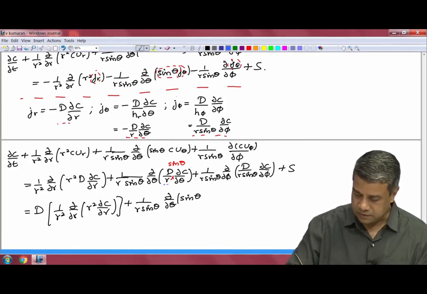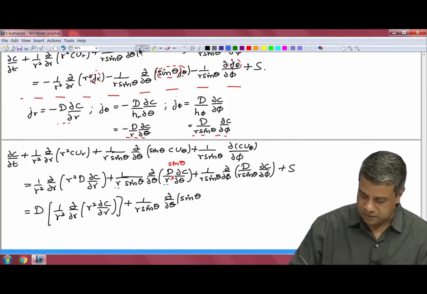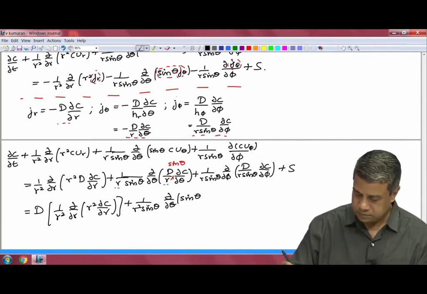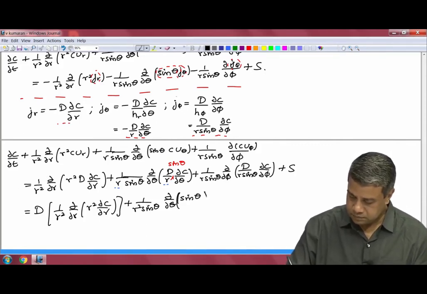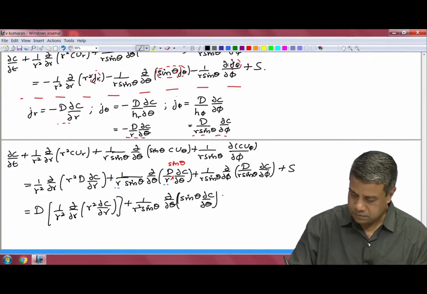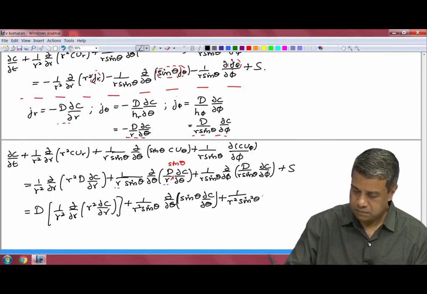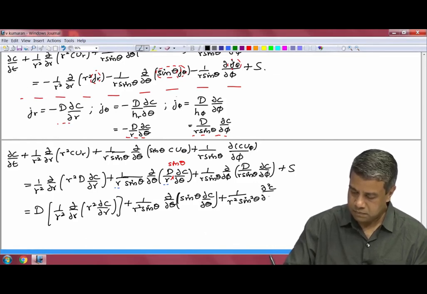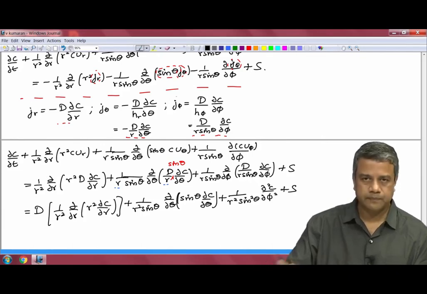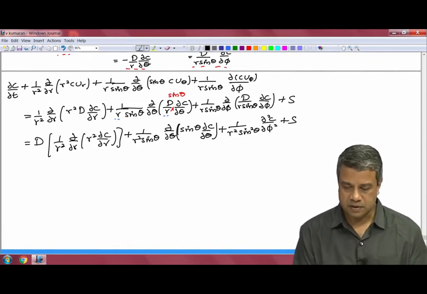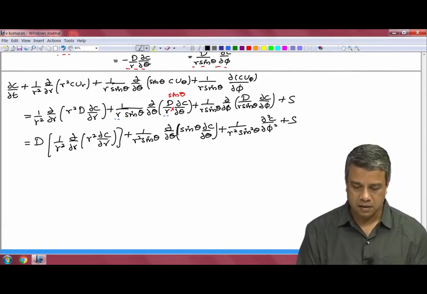These two factors of 1 over r, I can take it outside to get a 1 over r square here. So, that is what you get when the diffusion coefficient is a constant. This is the mass conservation equation when the diffusion coefficient is a constant.